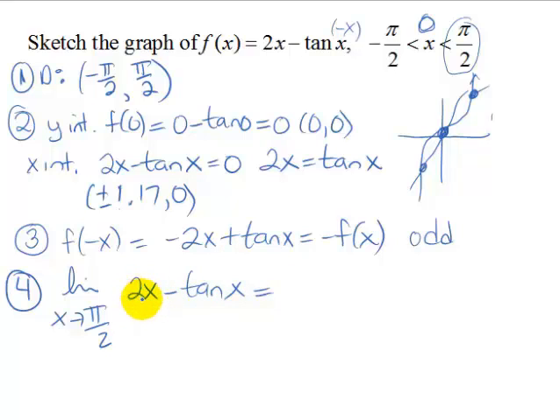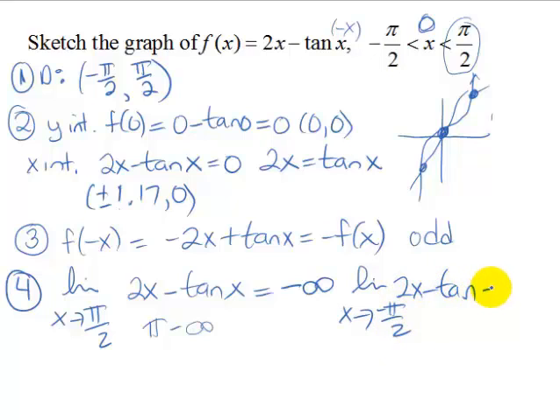So this is basically pi minus something that's becoming larger and larger, so it should go to negative infinity. Now, because this has origin symmetry, as we approach the other side at negative pi over 2, we're going to be going towards infinity. So the limit as x approaches negative pi over 2 is going to be infinity.